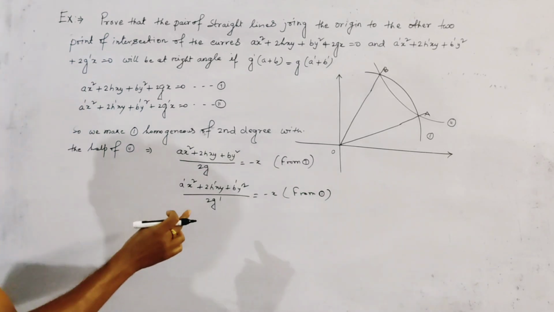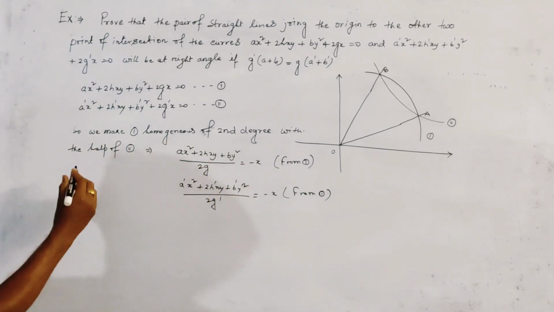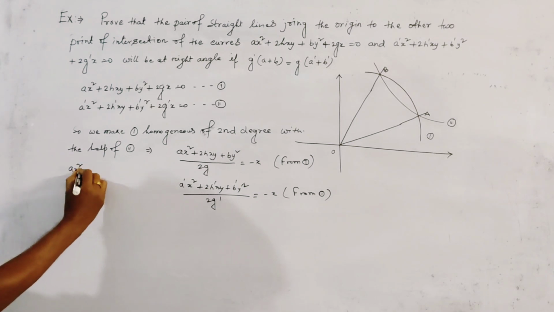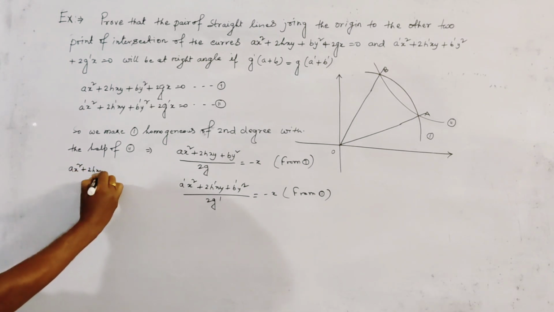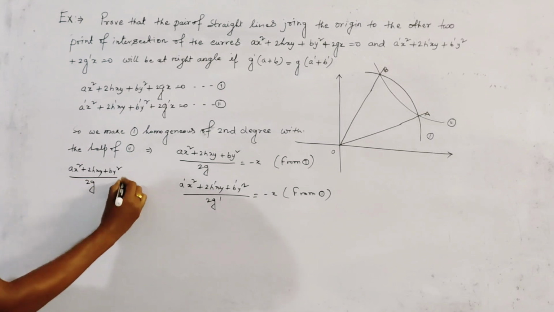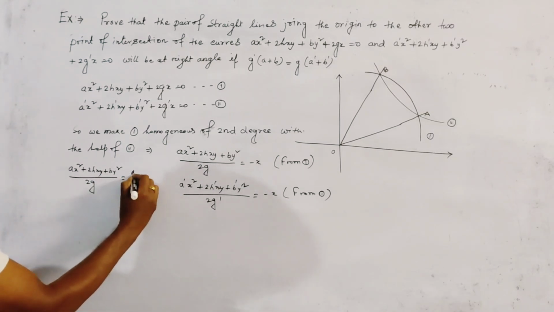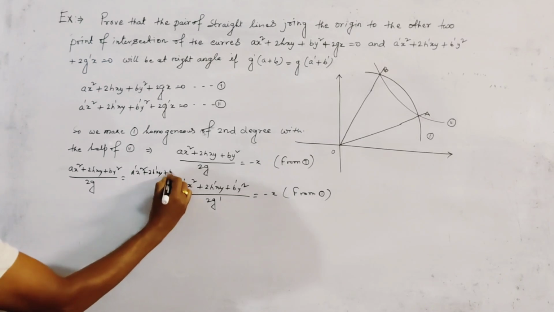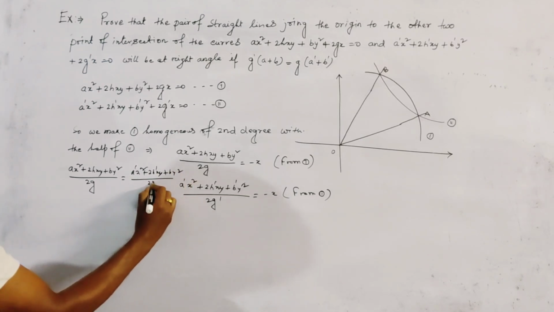Now equating these two, we get (ax square plus 2h xy plus by square) by 2g equal to (a dash x square plus 2h dash xy plus b dash y square) by 2g dash.